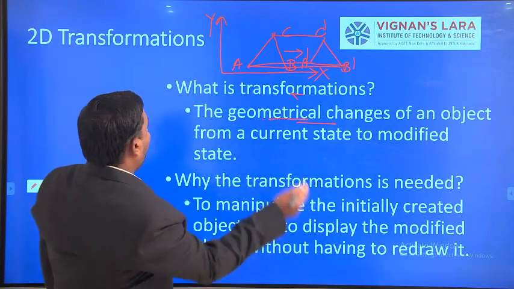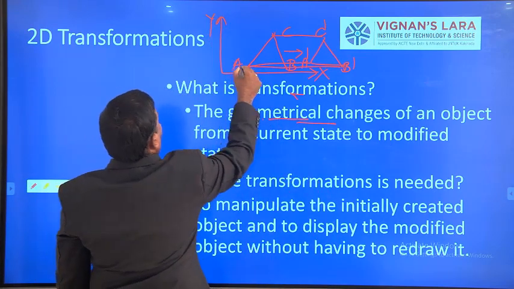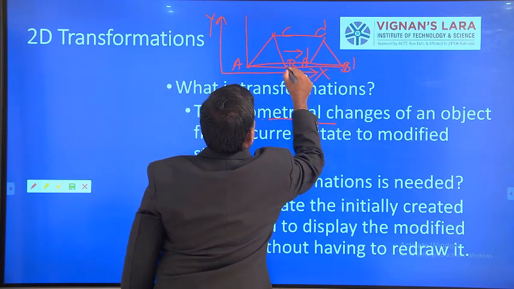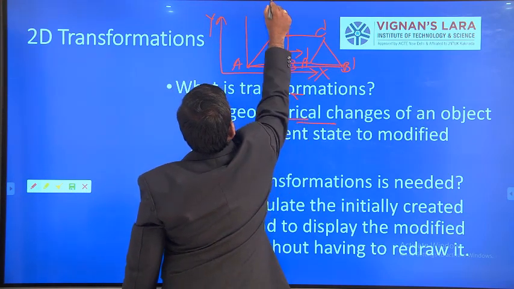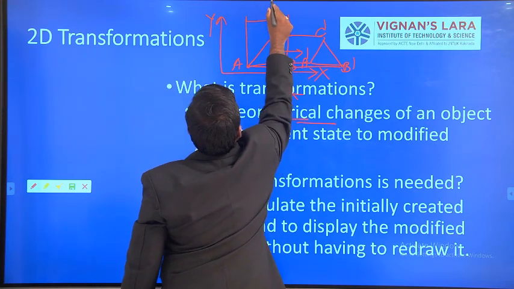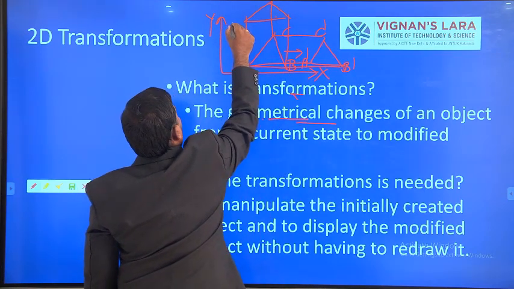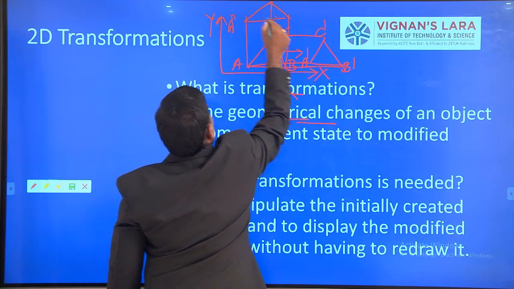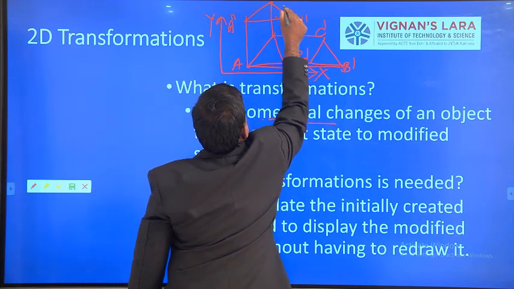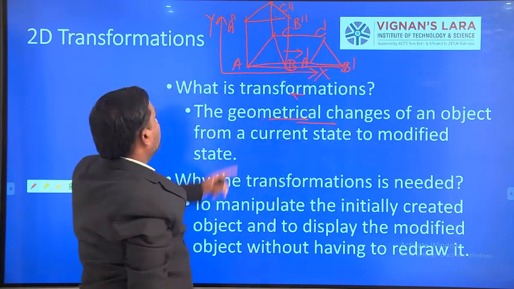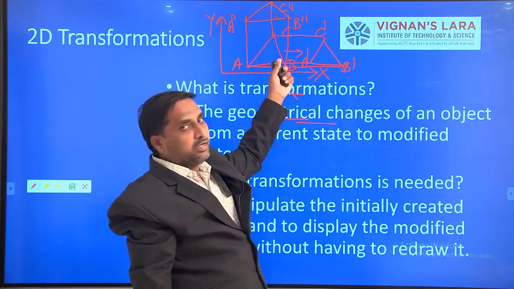Suppose you want to translate along the Y direction, you move every point A, B and C along the XY direction, and you get A double dash, B double dash, C double dash. This is another location of the triangle.